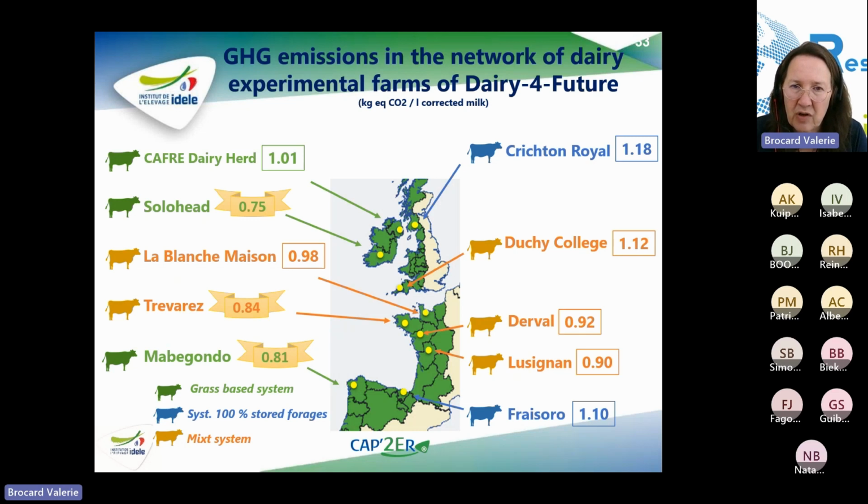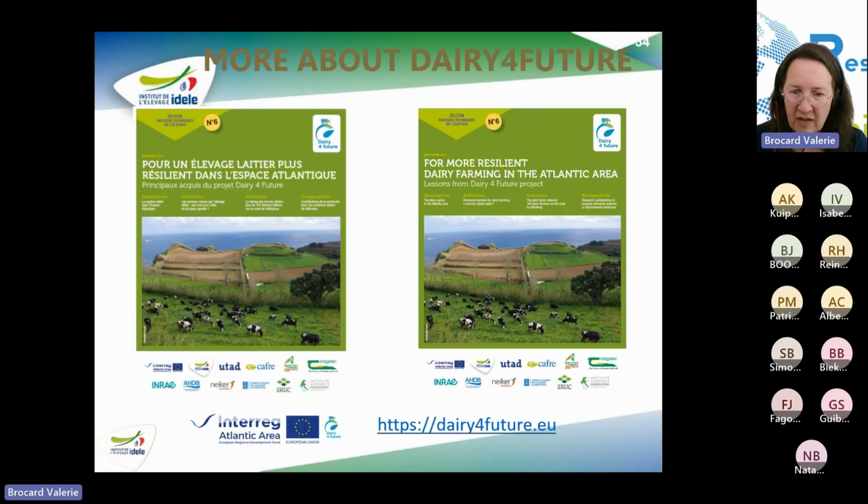If you want to know more about this program and the details of what the different experimental sites have done within it, you can visit the Dairy for Future website, and you can find the final document in several languages, where you have the description of all the actions that have been implemented on commercial farms and on experimental farms to assess and to decrease the carbon footprints of dairy farms.